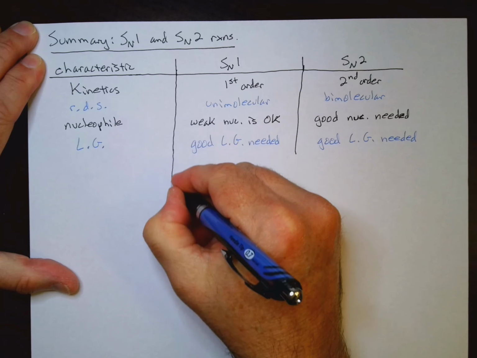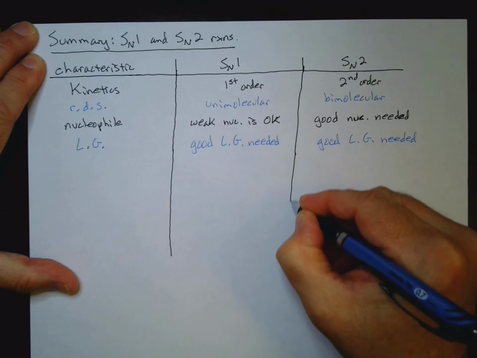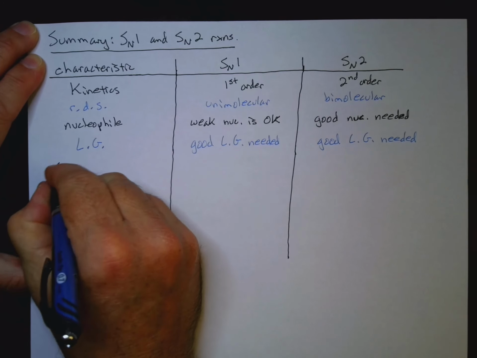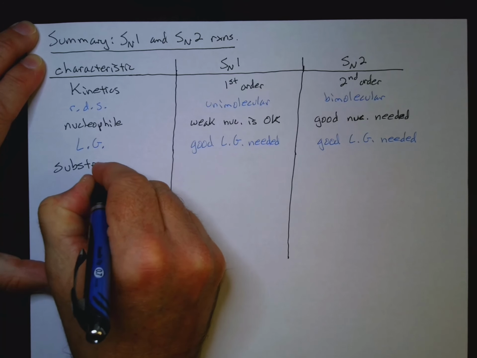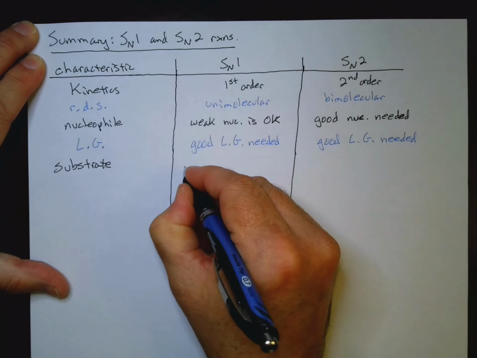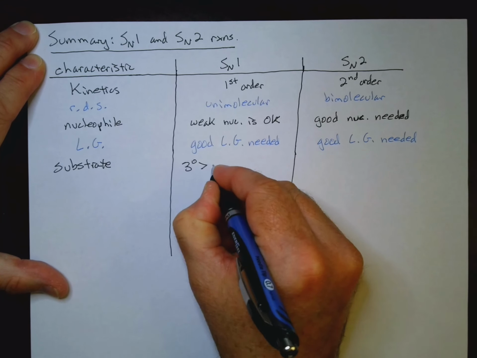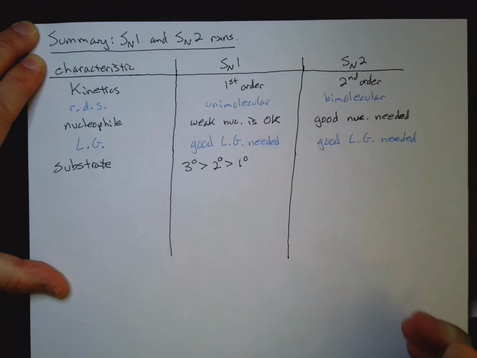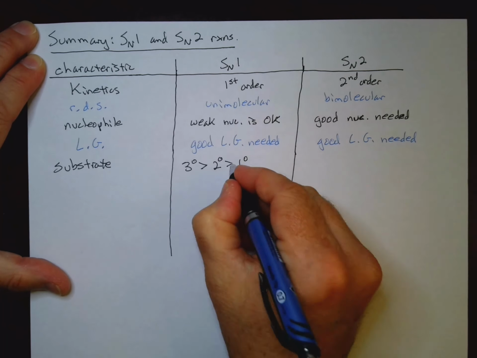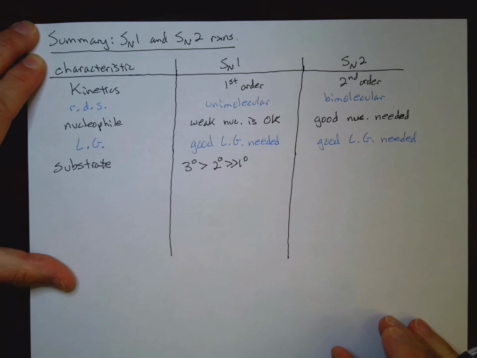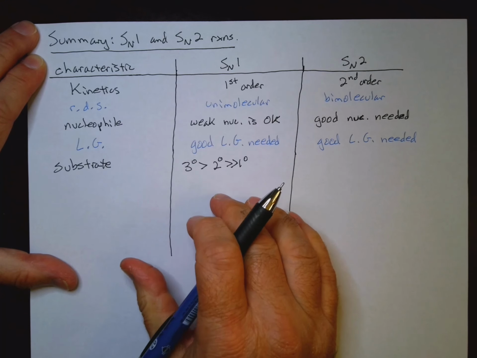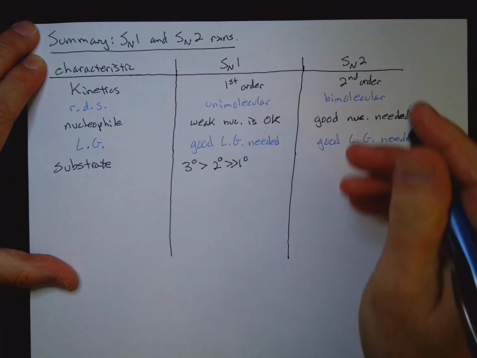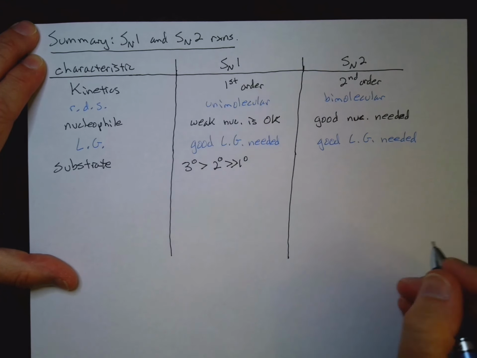All right, let me continue this down here. All right, what was next? The substrate. So a tertiary will be faster than a secondary, would be faster than a primary. And I should say that's much faster than a primary. And really you're only going to get SN1 mostly with tertiary, could be secondary, or with an allyl or a benzyl.